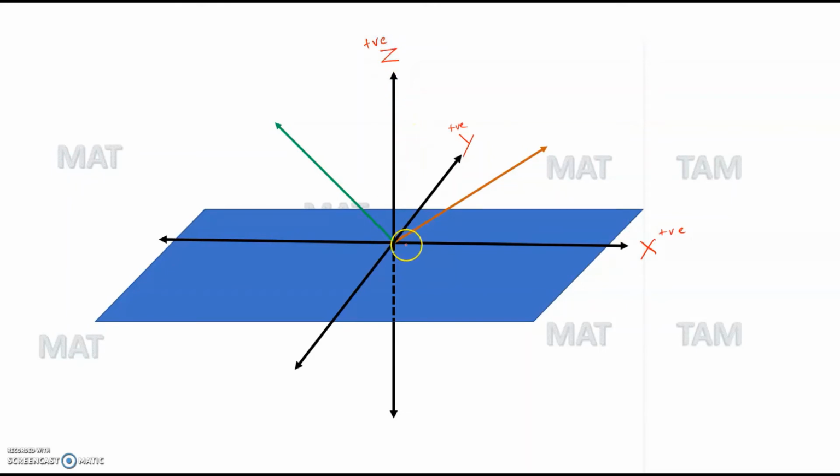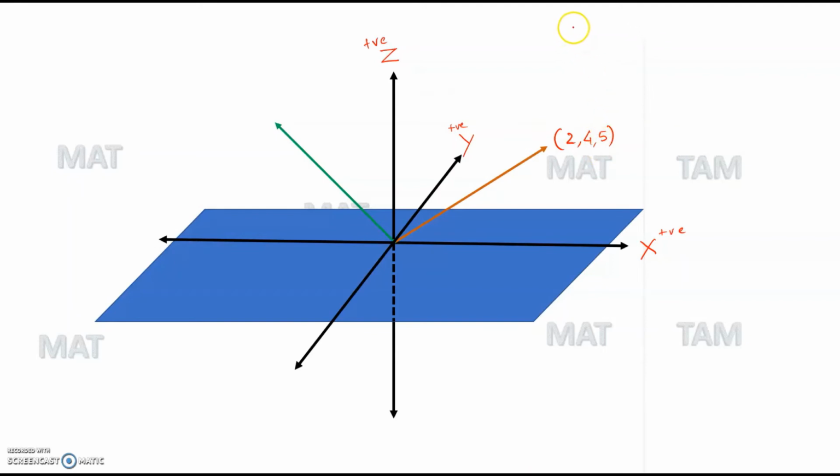So the values here are 1, 2, 3 and so on, and the values here will be -1, -2, -3 and so on. Let's consider a point, say 2, 4 and 5. My x coordinate here is 2, y is 4, and z is 5.